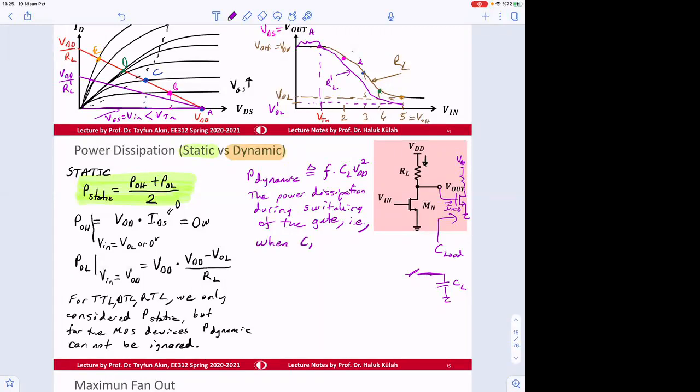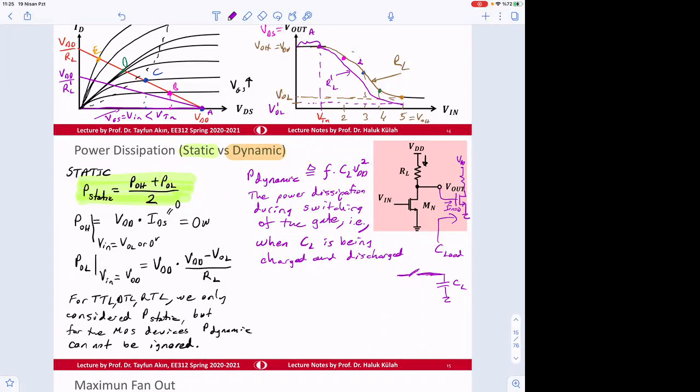When CL is being charged and discharged, the power is not dissipated on CL, but on the transistors while it's charging and discharging.